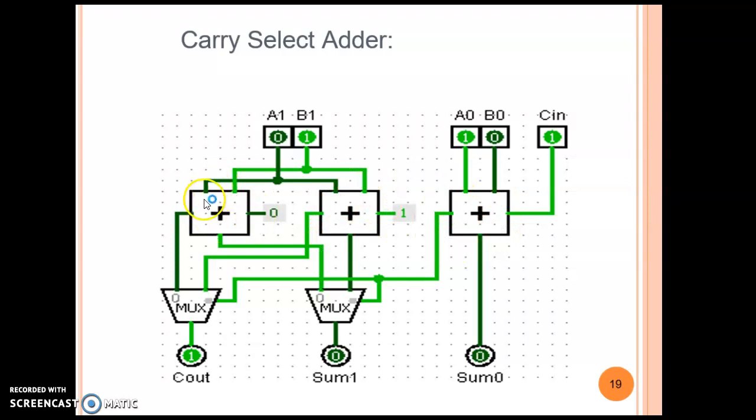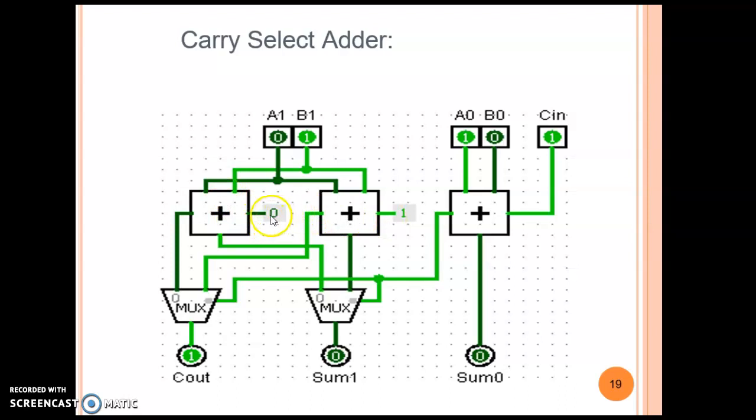The lower 4 bits are added and here you will get the lower 4-bit answer. Now you can see these two adders are doing the same addition. The only difference is that here the carry in is 1 and here the carry in is 0.